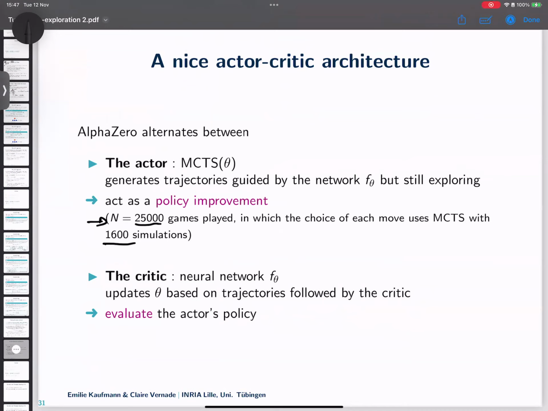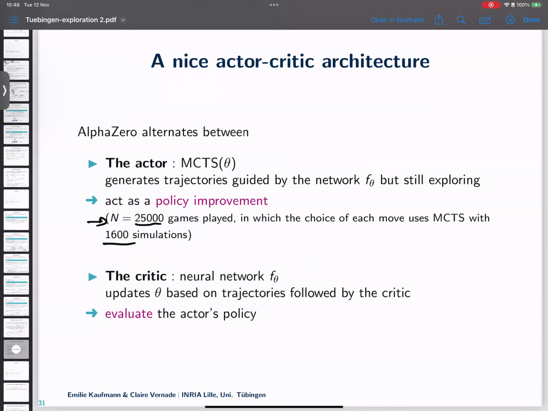So for each of these steps, you need to do 1,600 simulations. It's really a lot of compute. It's not a secret that AlphaZero required quite a lot of infrastructure and compute. But eventually, this is the idea: start from scratch, with nothing at the beginning, and just generate your own data and improve yourself by collecting better and better data.